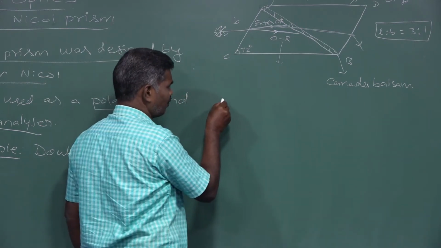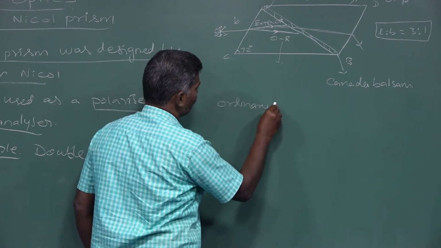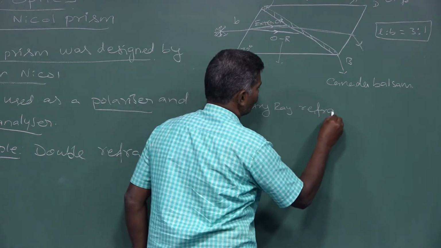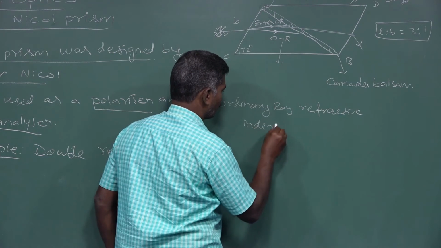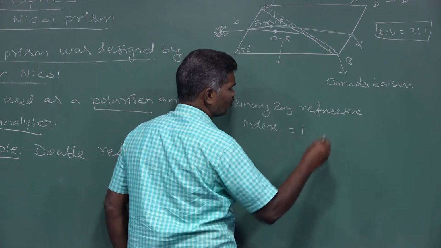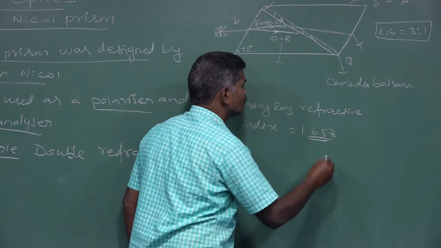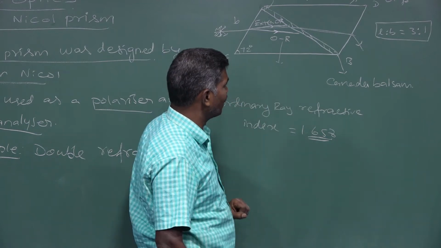That ordinary ray has a certain refractive index. Ordinary ray refractive index is equal to 1.658. We are saying ordinary ray refractive index is 1.658.